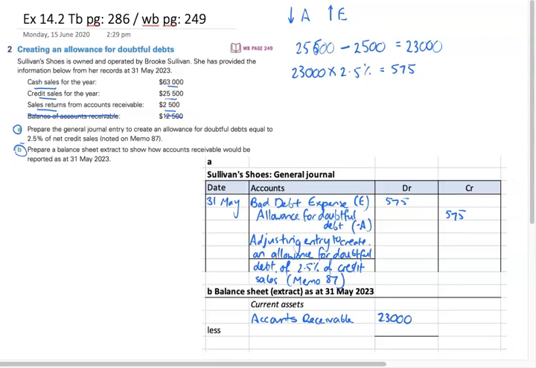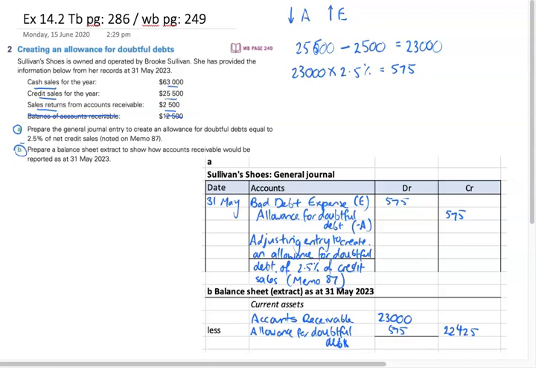We actually acknowledge that this is less allowance for doubtful debt of $575, which means our net assets is $21,925. And then we are done.